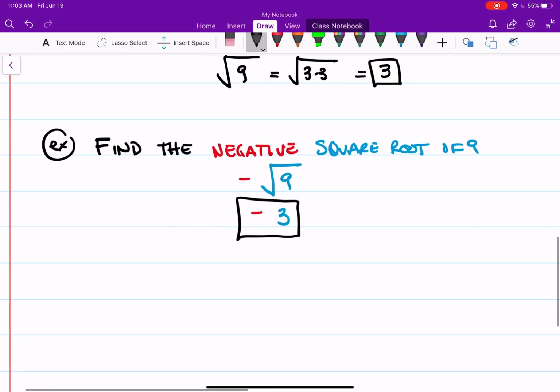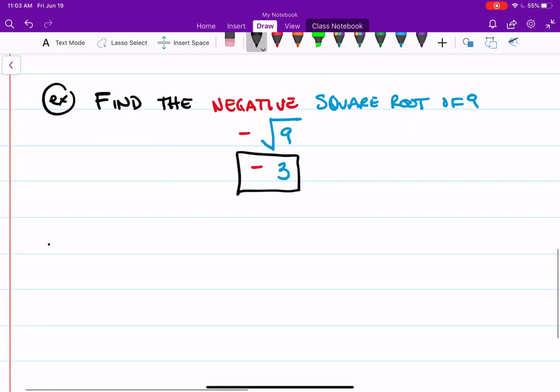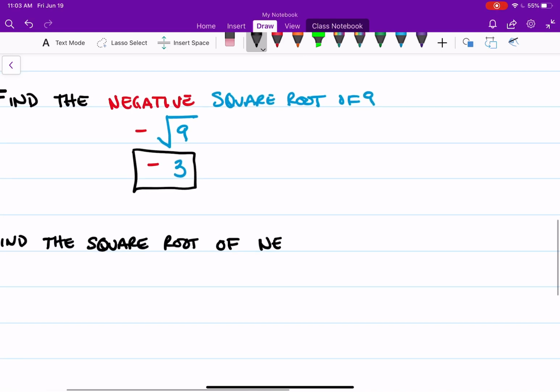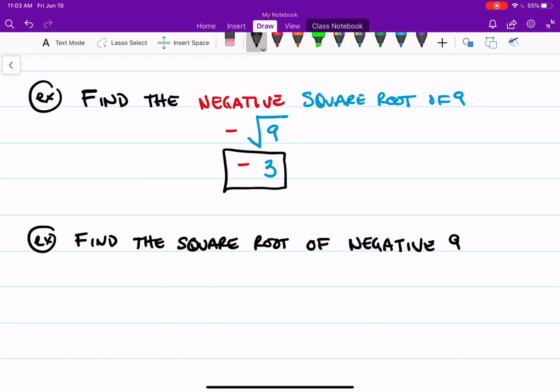All right, so what's the other way they can phrase it? Find the square root of negative 9. Notice how the square root, the house, is built over the negative 9.